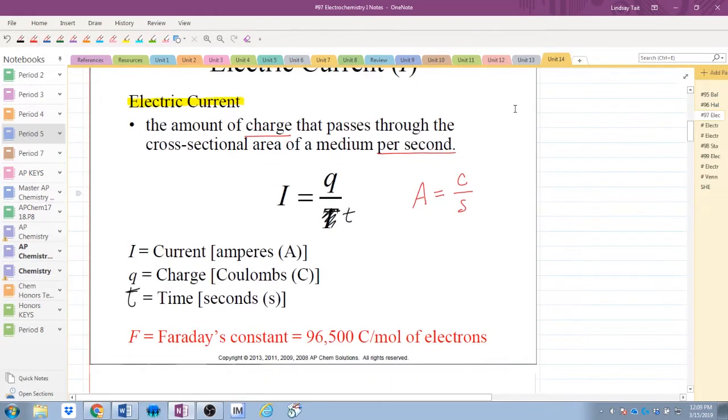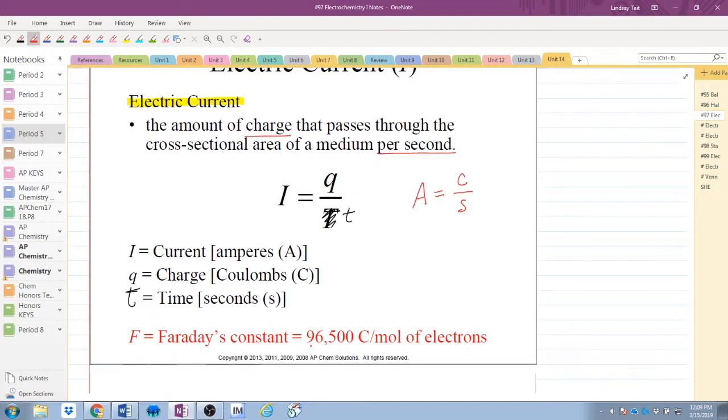Then sometimes we're going to be using this thing called Faraday's constant. Faraday's constant relates charge to the thing that's going to be moving from these chemical reactions, and that is electrons. Electrons carry a charge, and through redox reactions they're going to be moving, and therefore they are going to be able to create an electrical current.